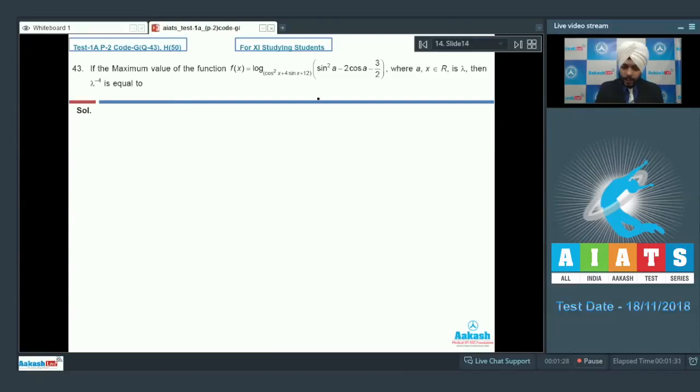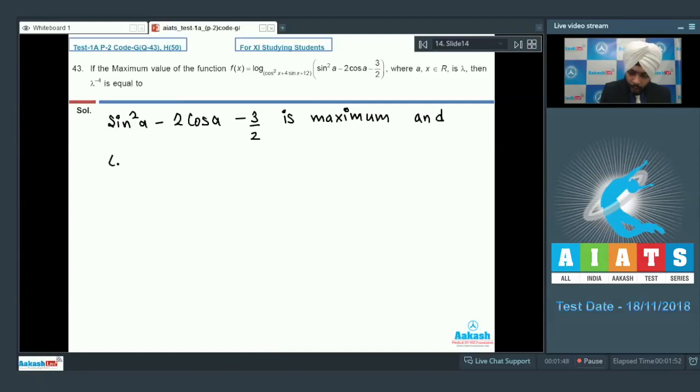So this particular function will be maximum when sine square a minus 2 cos a minus 3 by 2 is maximum, and cos square x plus 4 sin x plus 12 is minimum.